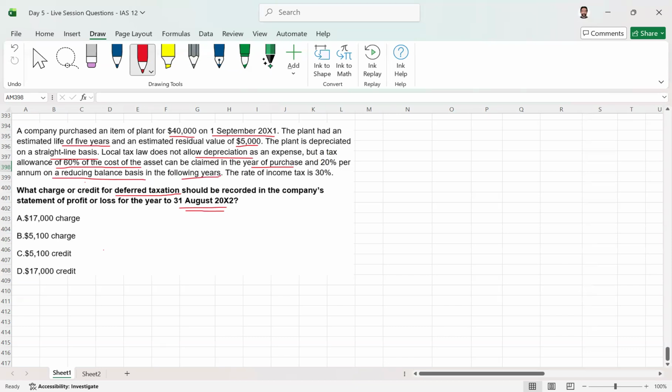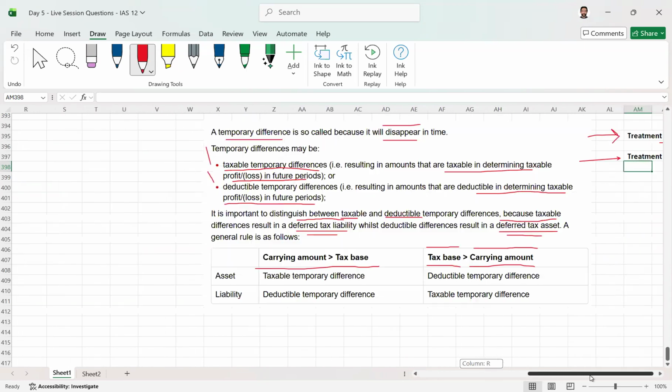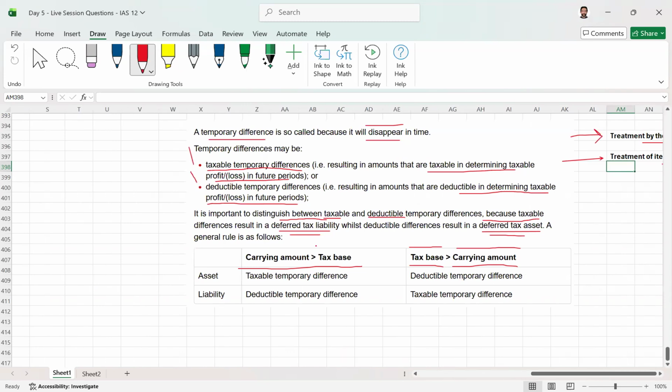So here we can see a situation which I can relate, because the carrying amount is likely to be higher and the tax base is going to be lower. If we verify according to the discussion that we had, the carrying amount is higher as compared to the tax base.